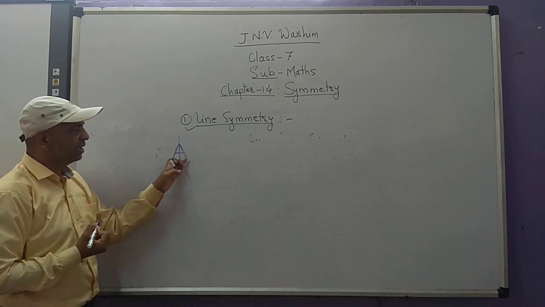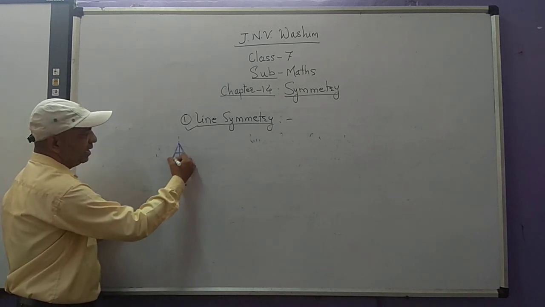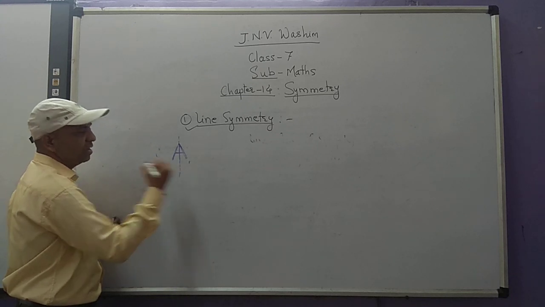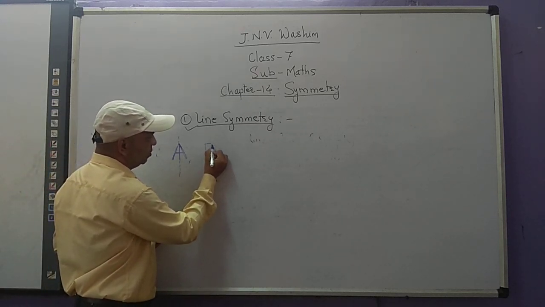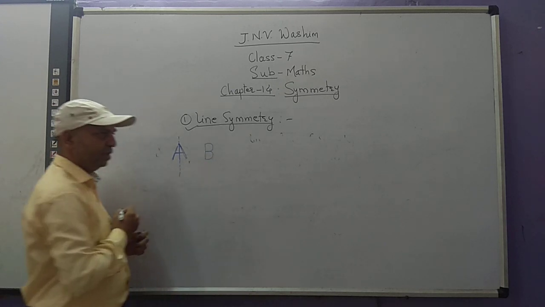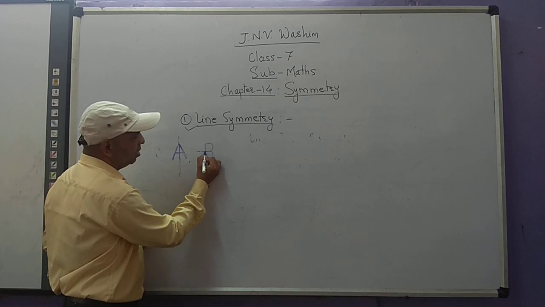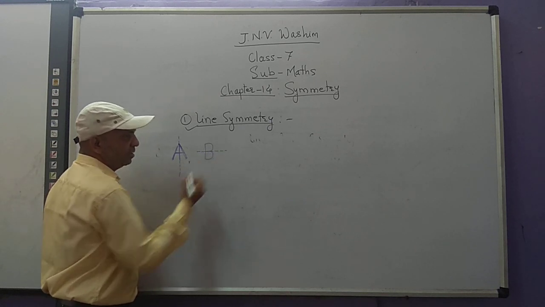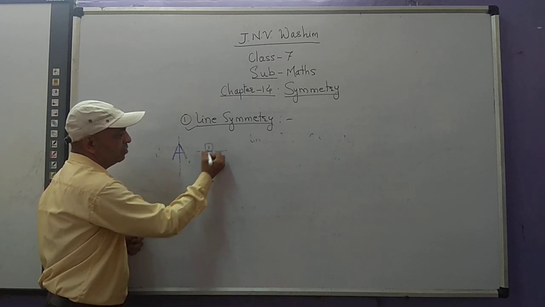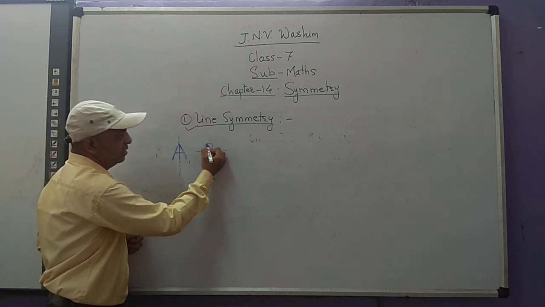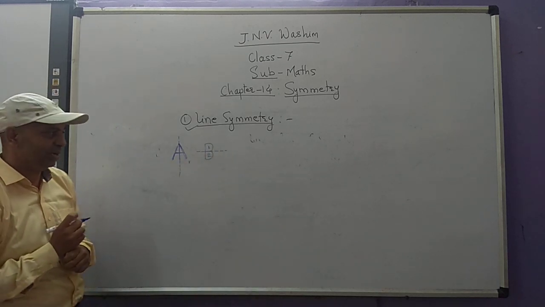These two parts coincide with each other, so alphabet A has a vertical line of symmetry. Another alphabet, suppose B. If I fold this B along this line, the two parts coincide with each other, so alphabet B has a horizontal line of symmetry.